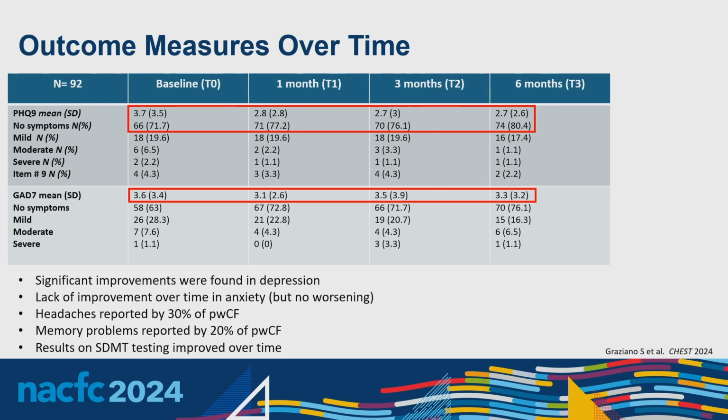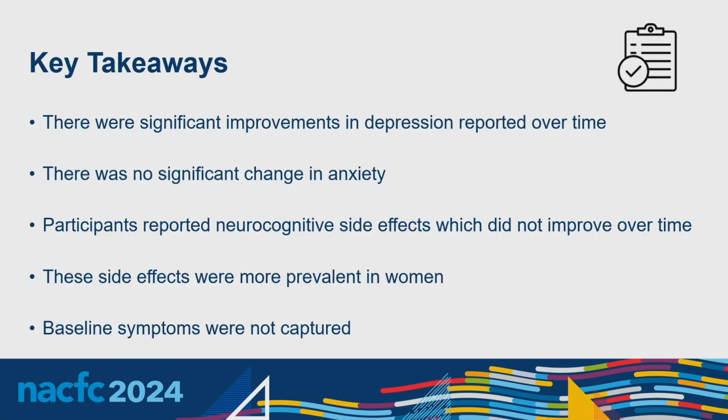Now, what's not shown here is when patients were asked about certain symptoms, about 30% of patients reported headaches and 20% reported memory problems. Interestingly, though, the results on the SDMT, which measures that cognitive processing, actually improved over time. So the key takeaways from this study was that there were significant improvements in depression reported over time.